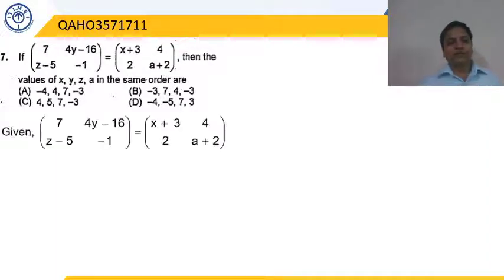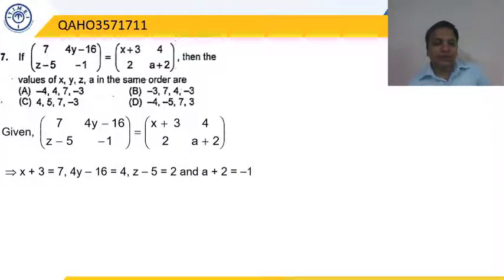Now first it says 7 is equal to x plus 3, 4y minus 16 is equal to 4, z minus 5 is equal to 2 and minus 1 is equal to a plus 2. That's for sure. Now x plus 3 equal to 7, 4y minus 16 equal to 4, z minus 5 is equal to 2 and a plus 2 is equal to minus 1.